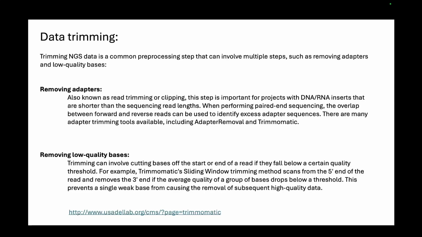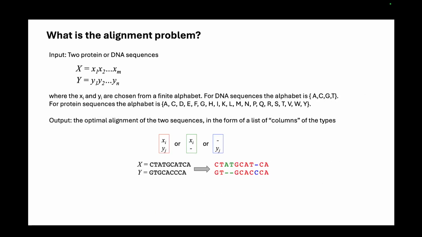Trimming can involve cutting bases from the start or end of a read if they fall below a certain quality threshold. Trimmomatic has a sliding window trimming method. It scans from the 5' end of the read and removes the 3' end if the average quality of the group of bases drops below a certain threshold. This prevents a single weak base from causing the removal of subsequent high quality data.